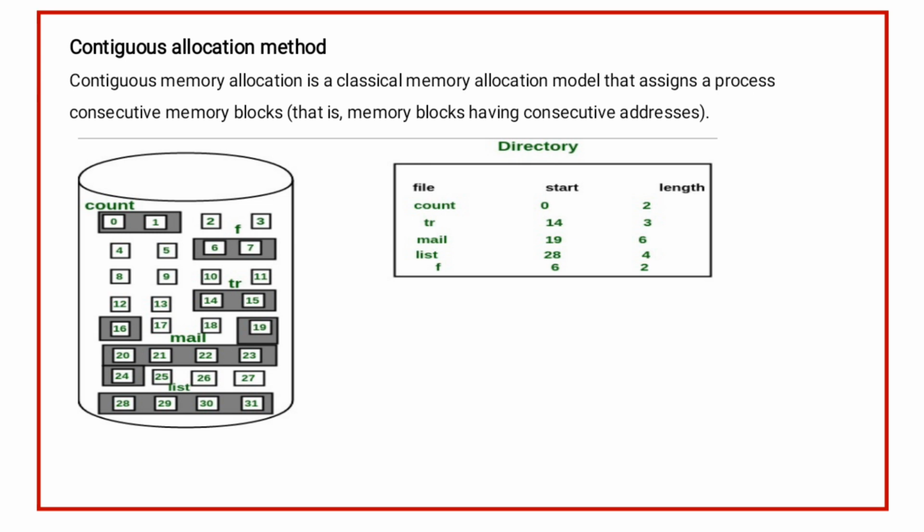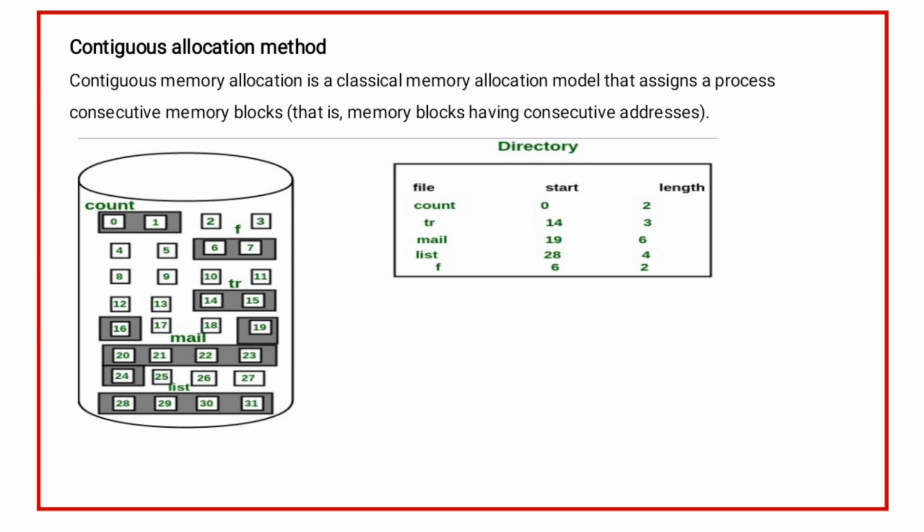In this scheme, each file occupies a contiguous set of blocks on the disk. Now we consider an example. If a file requires n blocks and is given a block B as the starting location, then the blocks assigned to the file will be B, B plus 1, B plus 2, and so on, up to B plus n minus 1.